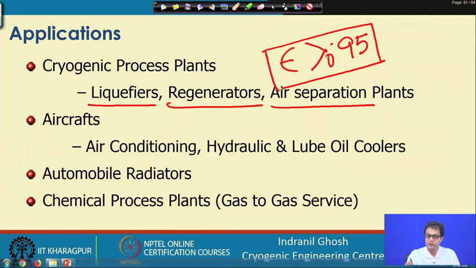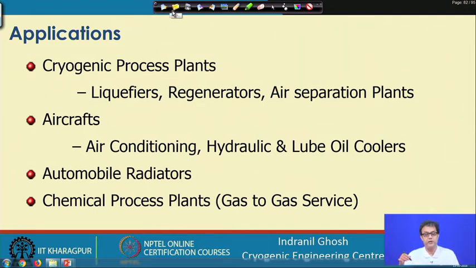Otherwise some of the processes will not at all start if the heat exchanger effectiveness is very small. So, we have a very stringent requirement for the heat exchanger effectiveness in case of cryogenic heat exchangers. We find that brazed aluminum plate fin heat exchangers meet that requirement of high effectiveness in cryogenic engineering.